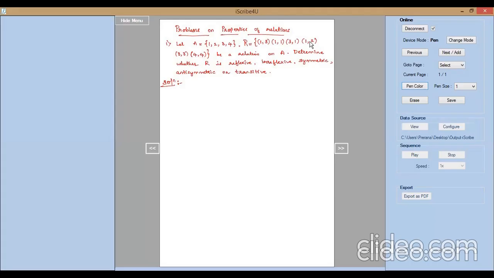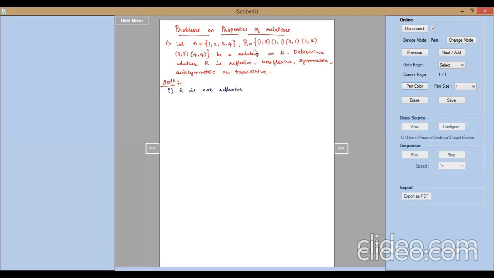Whereas the observation says that (2, 2) does not belong to the relation R. So it is not reflexive. R is not reflexive. It is always preferable to write down the reason.